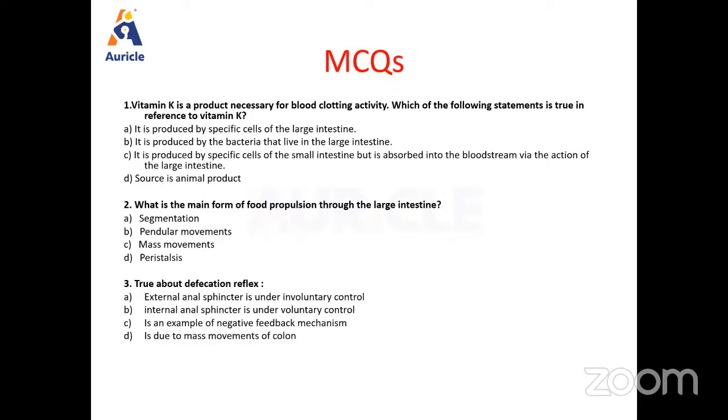First question: vitamin K is a necessary product for blood clotting, as we have discussed. Which of the following statements is true in reference to vitamin K? I think all the students will be able to give the answer. 30 seconds are here to give the answer.